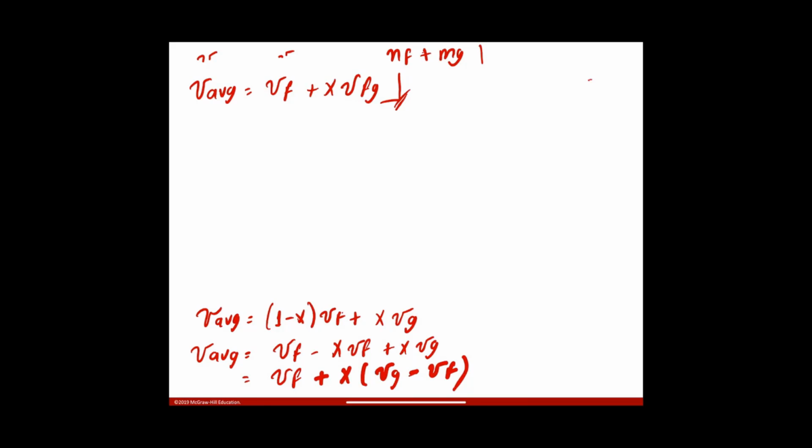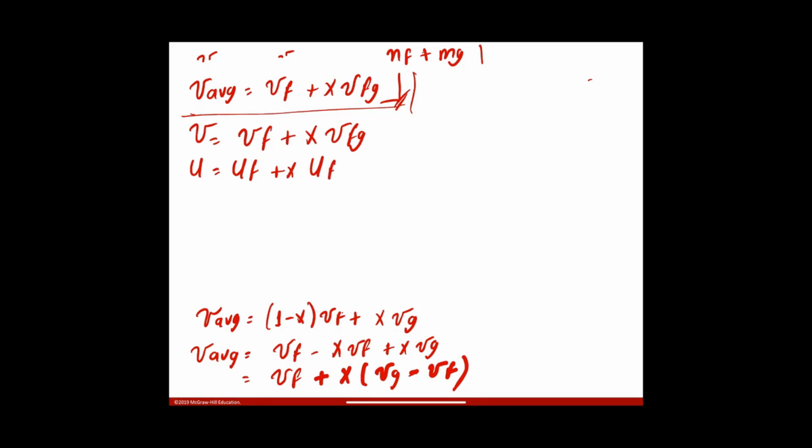But at the end of the day, this is the equation I need, and I'm going to rewrite it. A specific volume is equal to Vf plus quality times Vfg, and that will work for internal energy too: Uf plus x Ufg, and it'll work the same for enthalpy: Hf plus x Hfg.